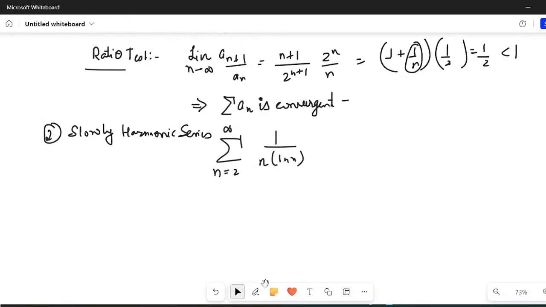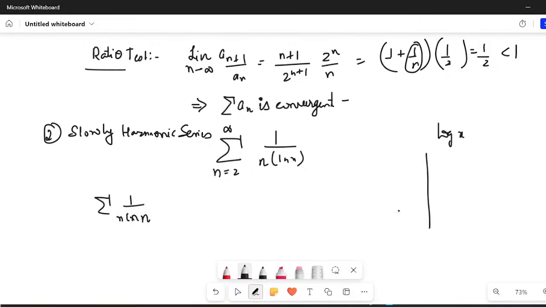Because this is slightly complicated, so what I would do is, it is quite easy to see that log of x is an increasing function. So if you increase your n, this is going to increase. And if I do 1 over it, I can say that 1 upon n into ln n is a decreasing sequence. Why?